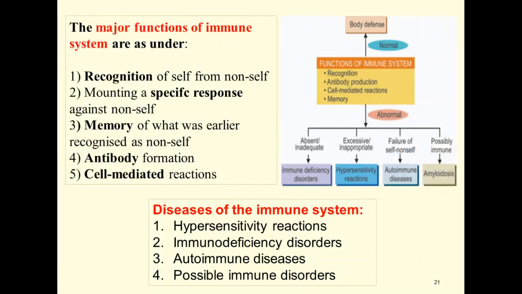So, the major functions of the immune system, we have a list of 5 functions. And according to problems with these functions, we have 4 main groups of problems, 4 main groups of disorders or diseases of the immune system.